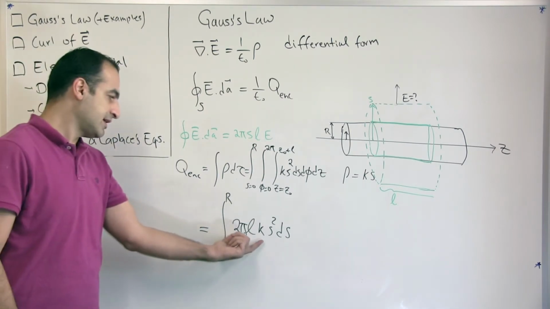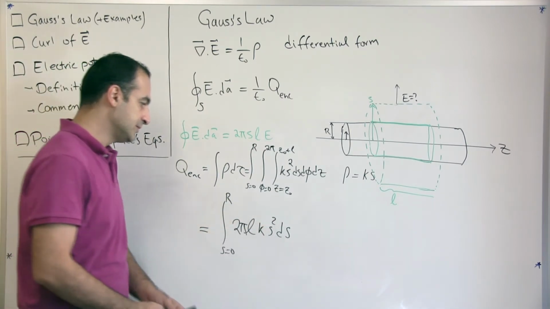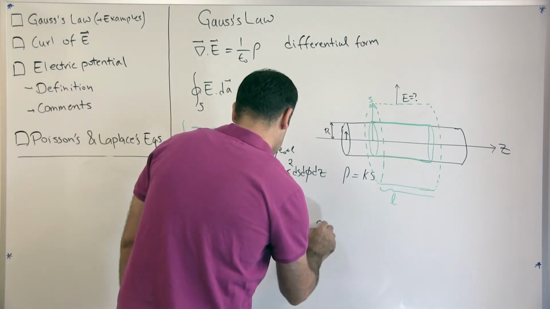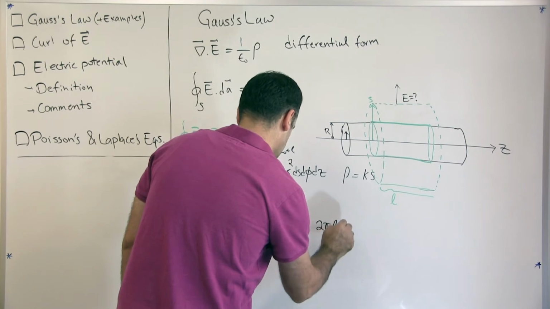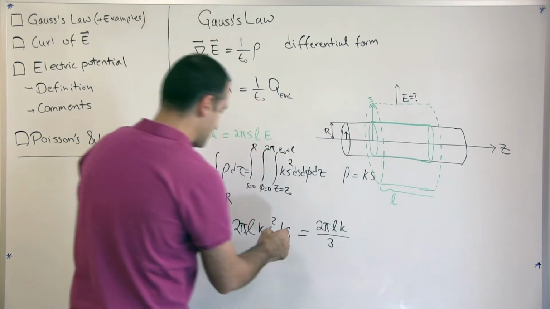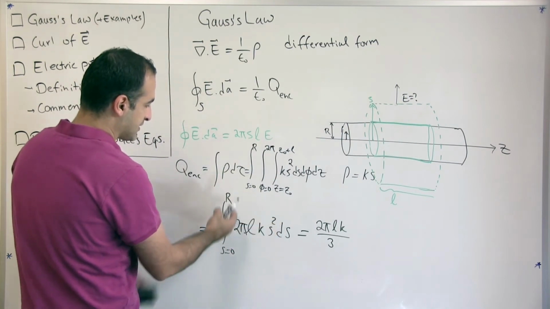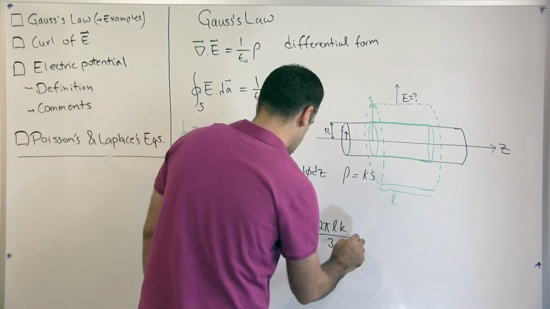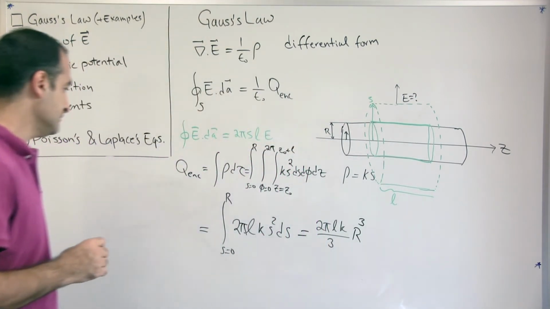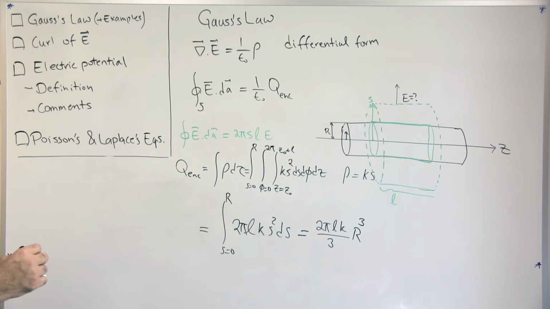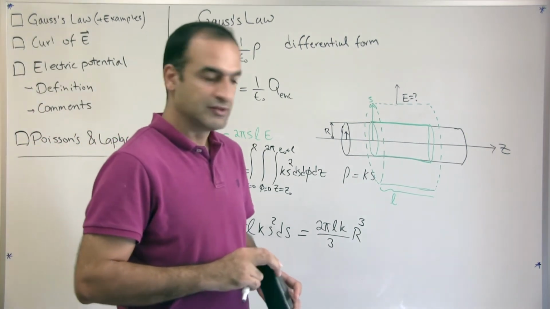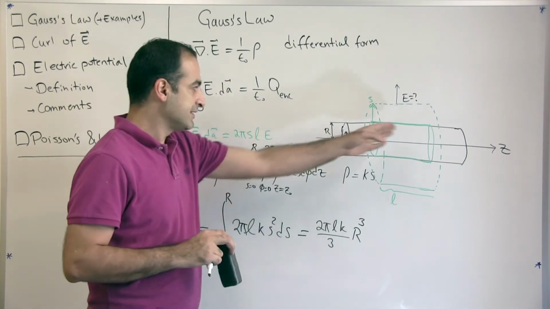Everything here is constant except S to the power of 2, and that makes the whole integral 2 pi L K divided by 3 times S to the power of 3, and with the limits of R and 0, we get R to the power of 3. Looks good? So this is the total charge we have within that cylinder.